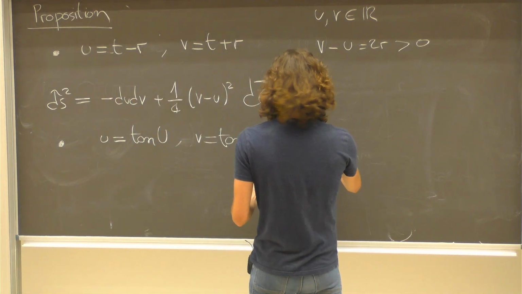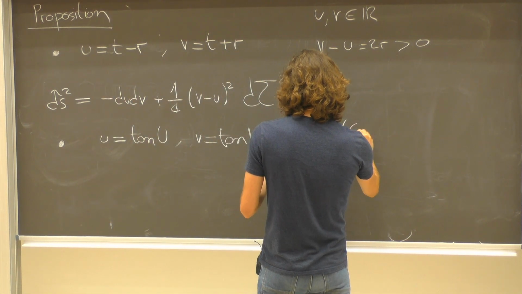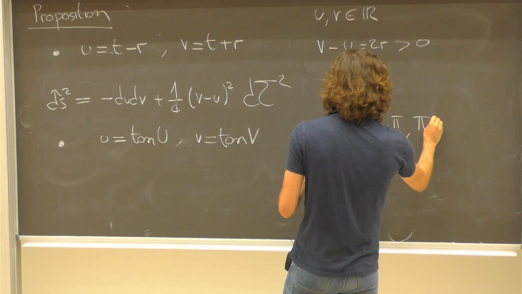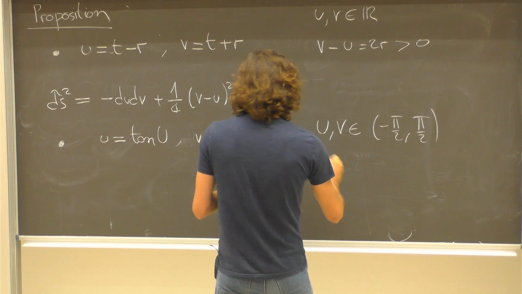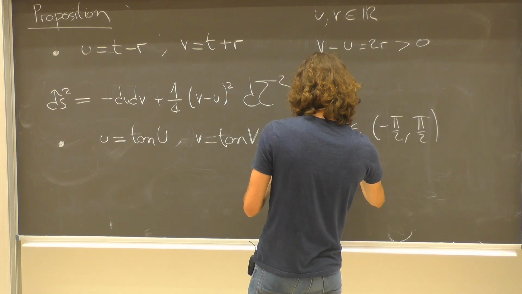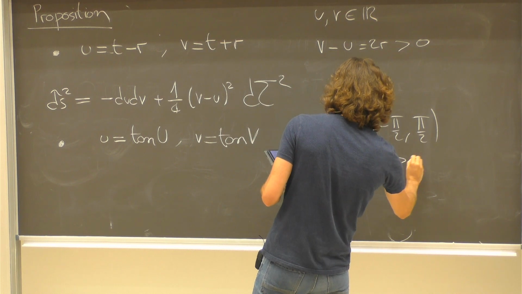And now U and V belong to minus pi over 2 to pi over 2. And because of the condition, we must have V minus U positive.